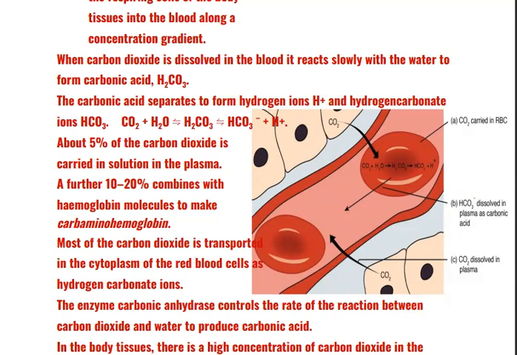The carbonic acid separates to form hydrogen ions, H+, and hydrogen carbonate ions, HCO3-. CO2 plus H2O, H2CO3, HCO3- plus H+.